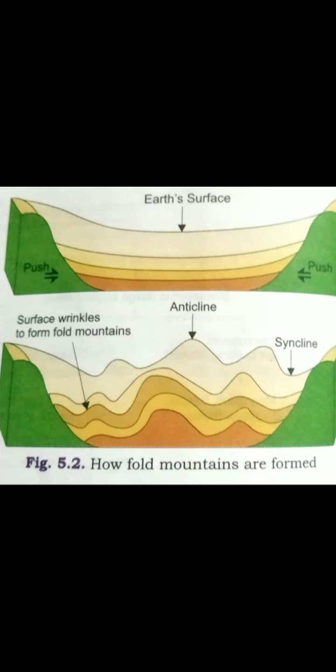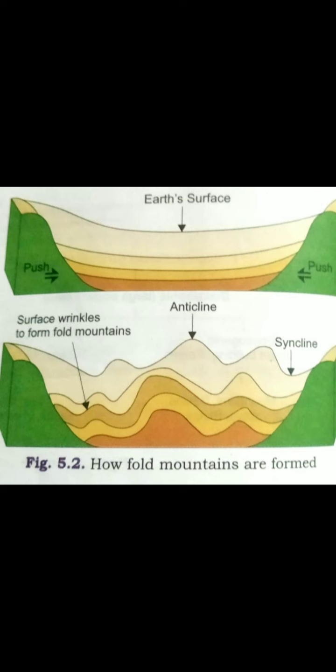Many ranges in the fold mountains may have a plateau in between, surrounded by mountains. We call it an intermountain plateau. You must have heard that above the Himalayas there is the Plateau of Tibet. This Tibetan plateau, or the roof of the world, is formed between many mountain ranges. It is known as an intermountain plateau.